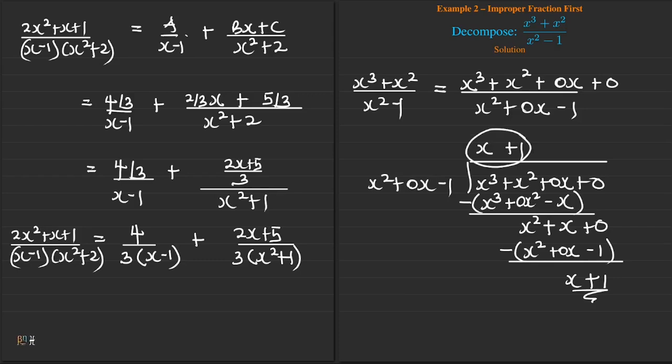We have this as our whole. Just as we do our long division, this is our quotient. So it implies we have our quotient, which is x plus 1, then plus the remainder, which is also an x plus 1, all over the divisor, which was x squared minus 1.